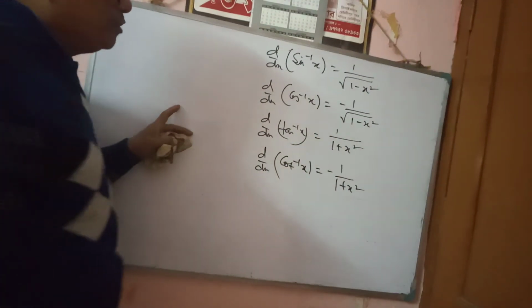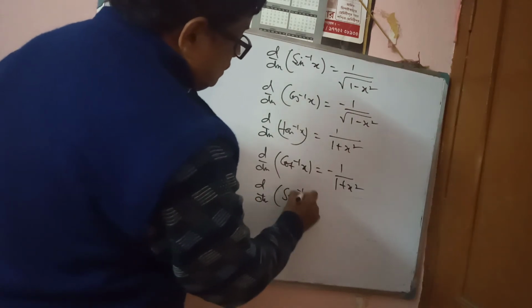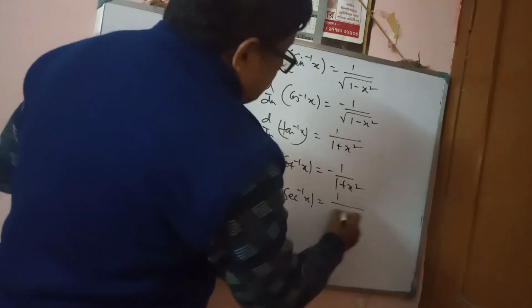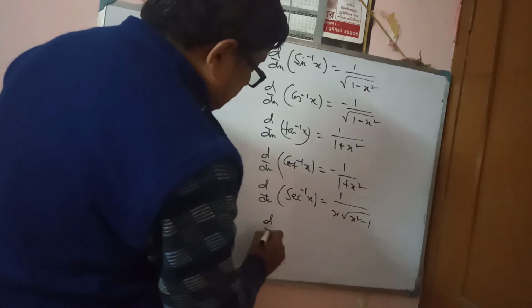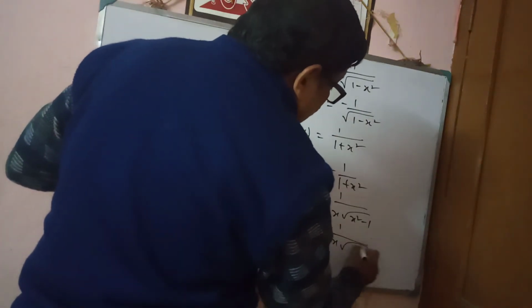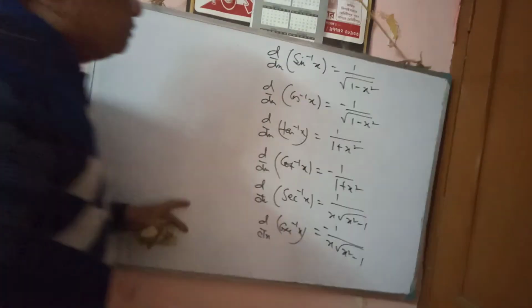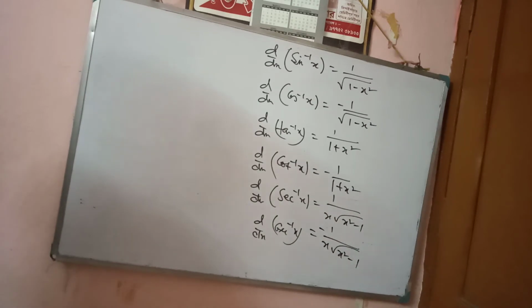All of you remember this formula. d/dx sec inverse x is 1 by x root x square minus 1, and d/dx cosec inverse x is minus 1 by x root x square minus 1. Keep in mind, always remember this one. Note it down.